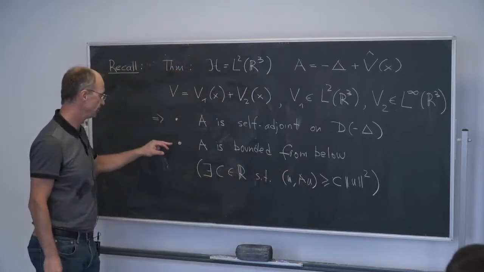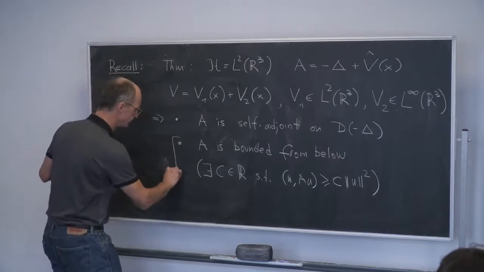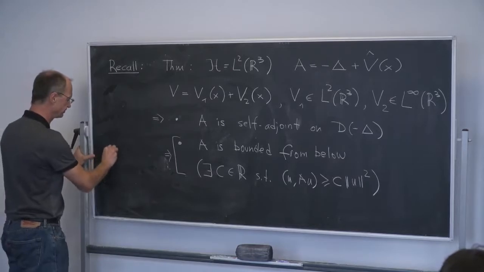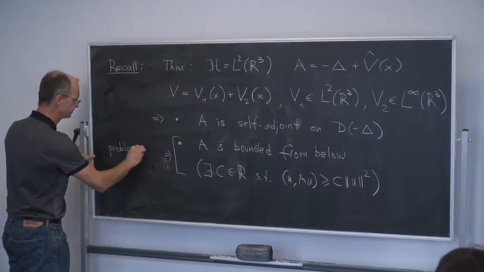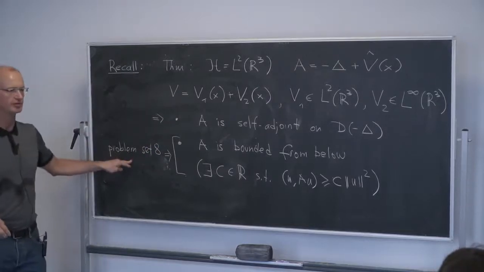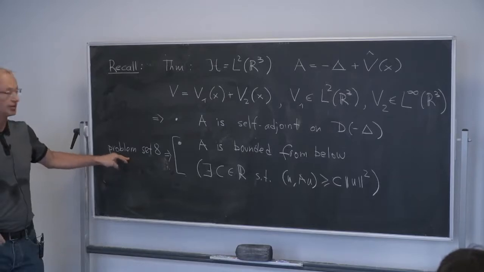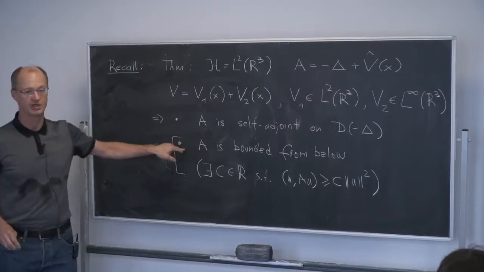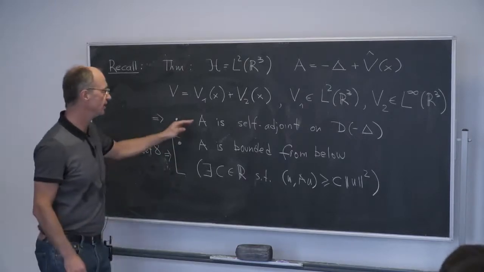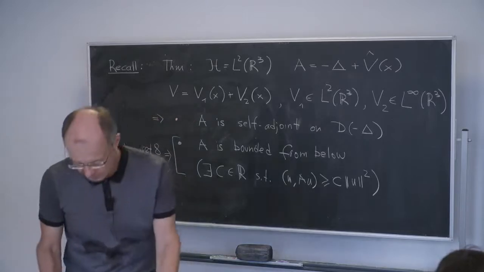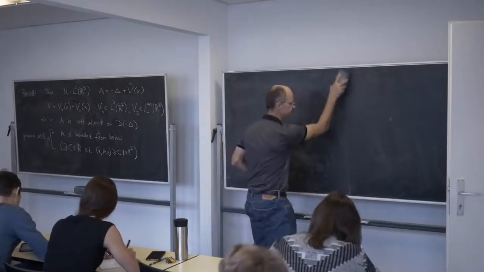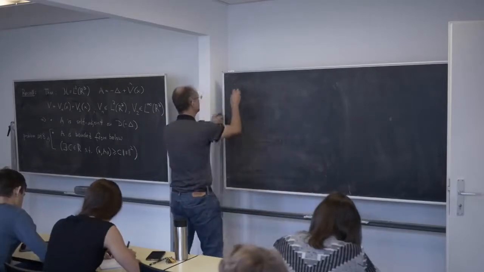Actually, I will not be doing this part, and so you will do it in the next problem set. You will do some small upgrade of Kato-Rellich, and this upgrade will imply the boundedness from below statement. Now, but we actually haven't finished last time the proof of the first statement.